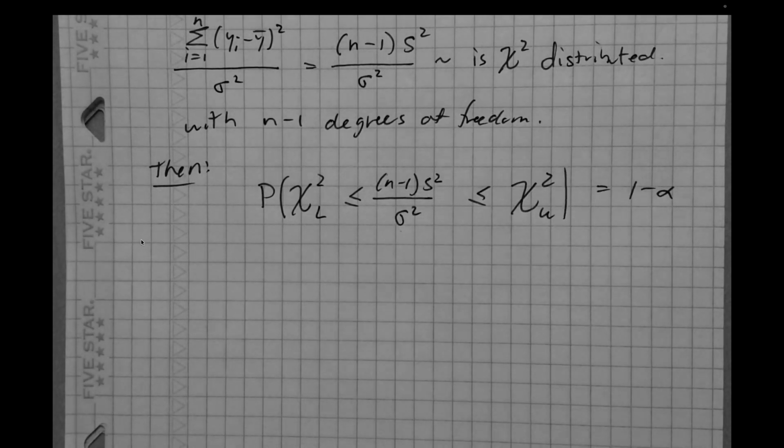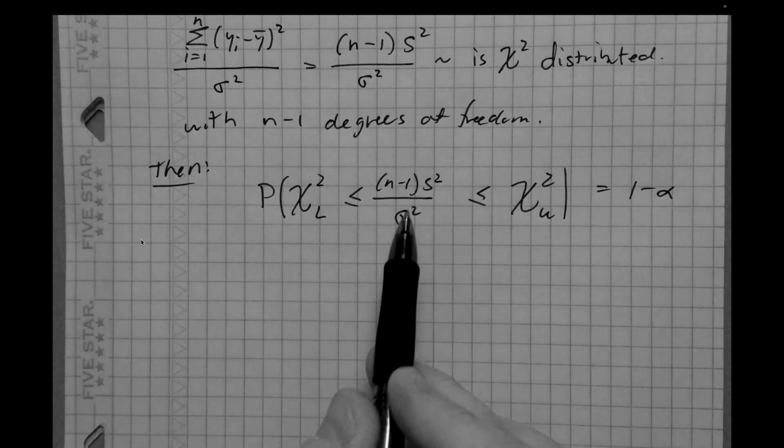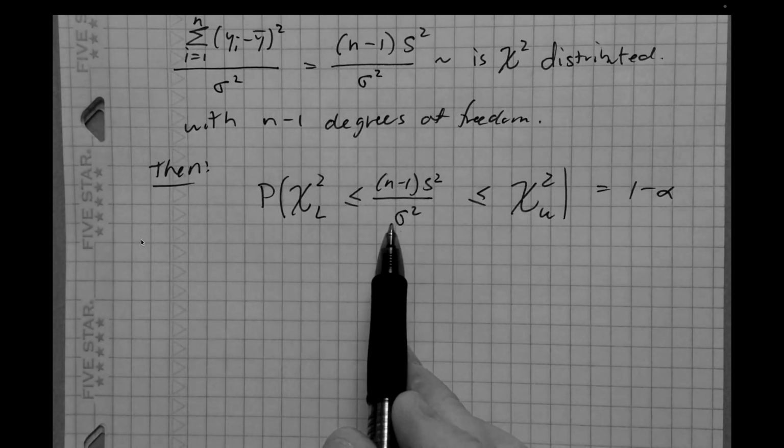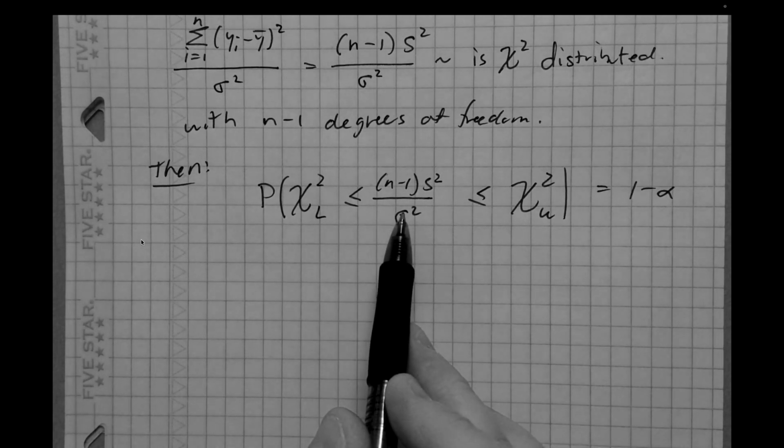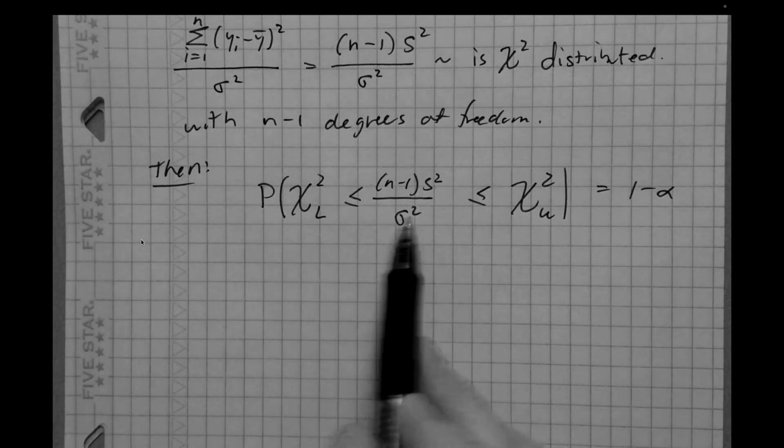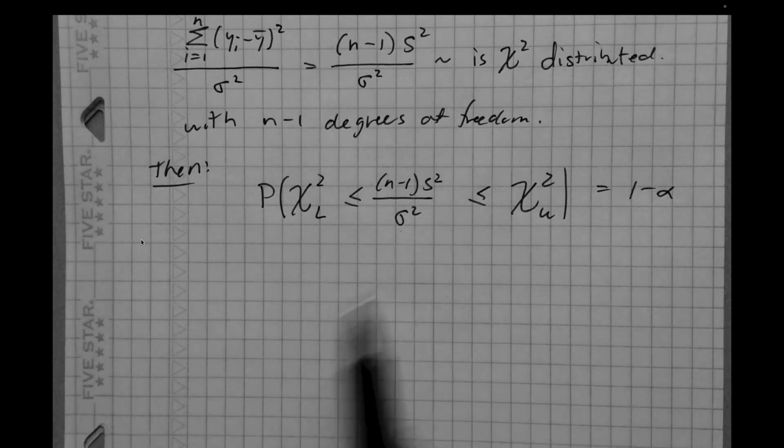Normally, this is important to note, these intervals are going to have equal length about the pivotal quantity. This is our pivotal quantity. So normally we're going to have an equal distance from this quantity down to the lower bound and up to the upper bound. But in the case of the chi-squared distribution, the distribution is not symmetric, so we have to choose points that actually cut off equal areas.